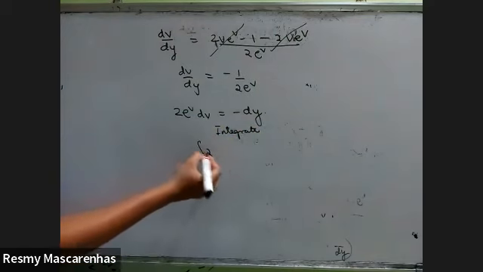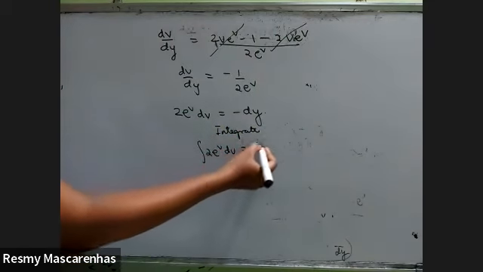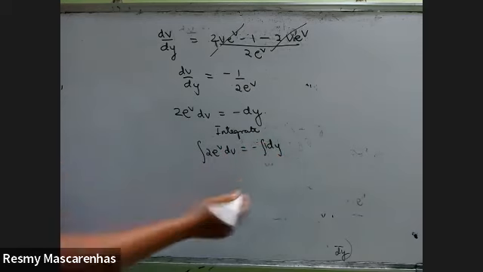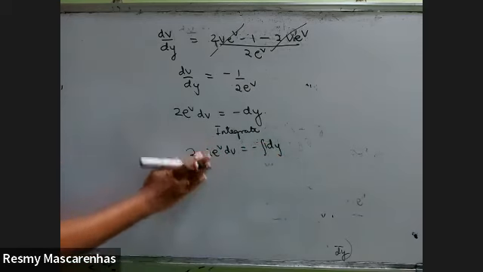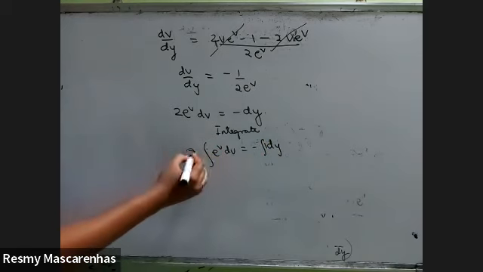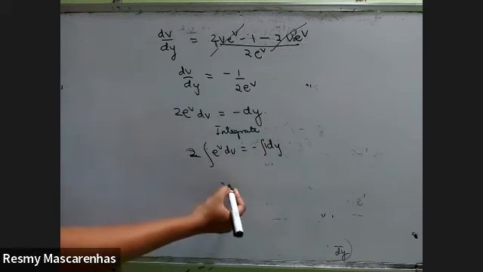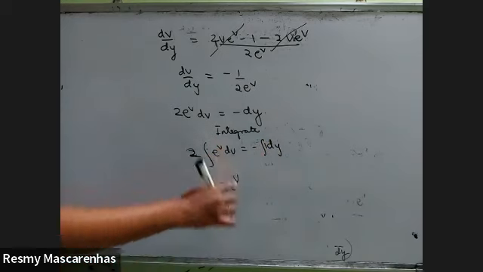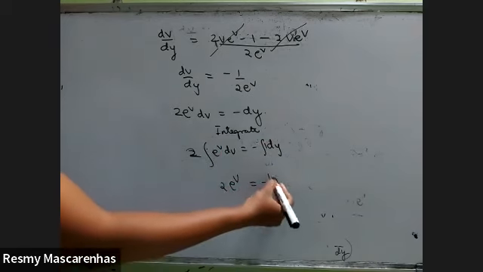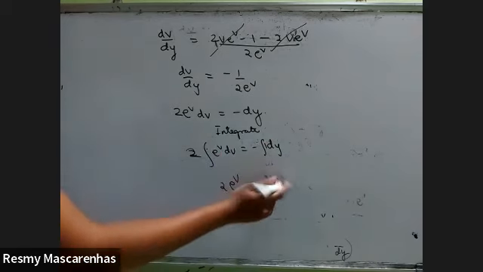When you integrate, 2 you can keep out. So 2 e raised to v. Integral of e raised to v is e raised to v only. Minus y.